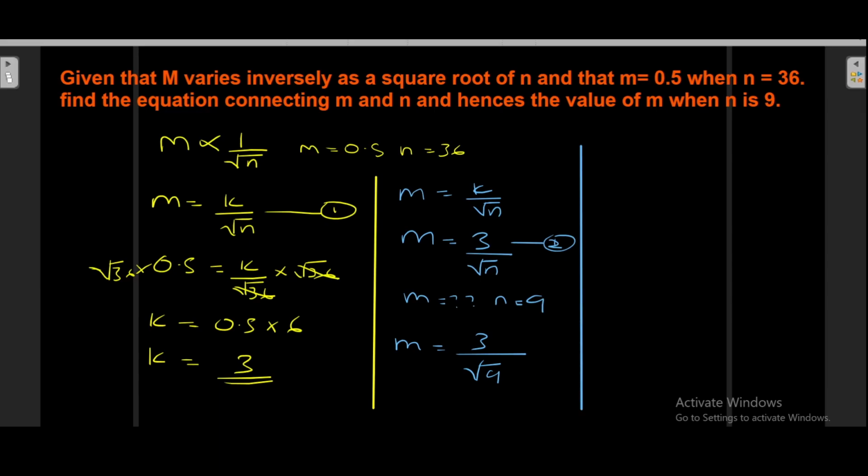If we move further here, we shall have m is equal to 3 out of the square root of 9. The square root of 9 is 3. That implies that my m is the same as 3 out of 3, which will be 1. Therefore, m is equal to 1.